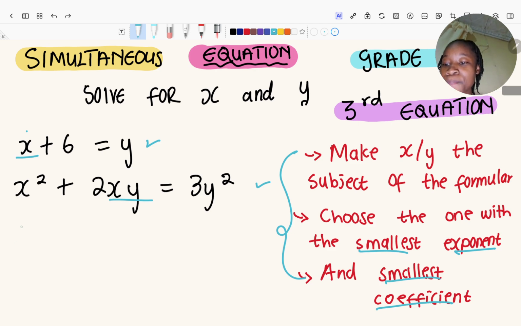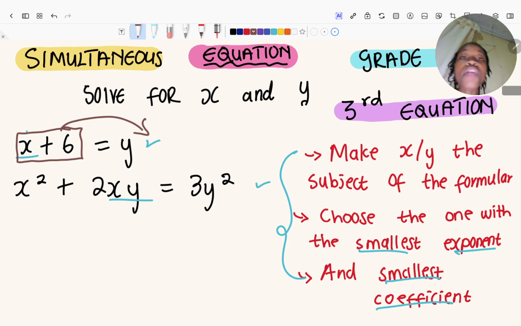I'm going to remove everything on the other side that I don't really need. So I don't need the 6, which means I'm going to take this 6 to the other side. And remember, when it jumps the equal sign, it immediately changes sign. It's positive 6, so it's going to be negative 6. So x equals y minus 6. Simple as that. That is your third equation.